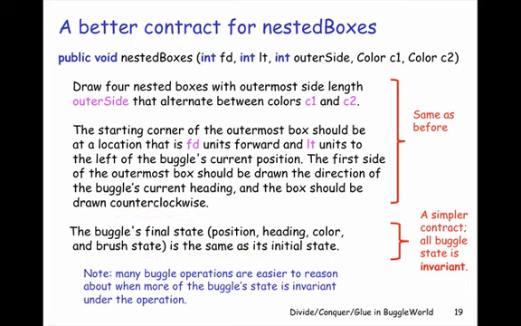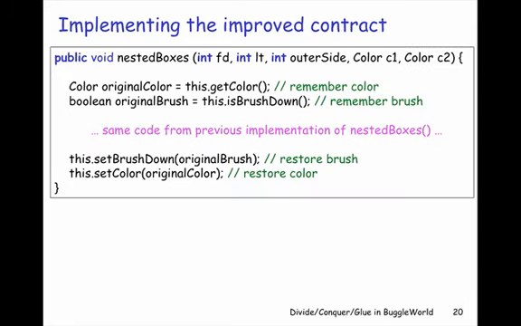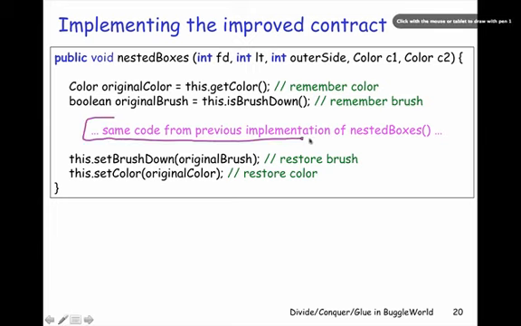So it turns out if we make that change in the contract, we can easily make the change in the implementation. And here's the little trick you need to do to make such a change in the implementation. So we're going to assume here that we have the same code as before. So this box here refers to all the same code that we had before in the nested boxes method.